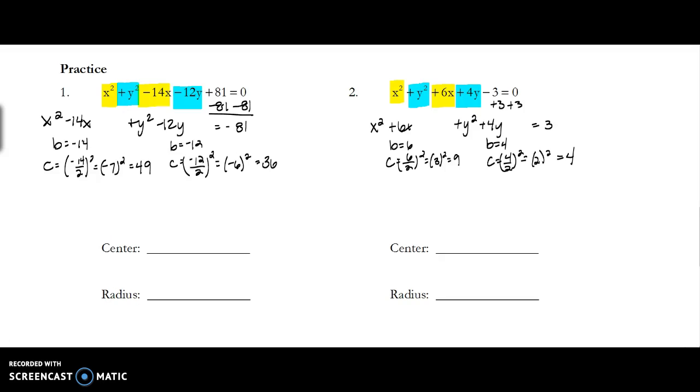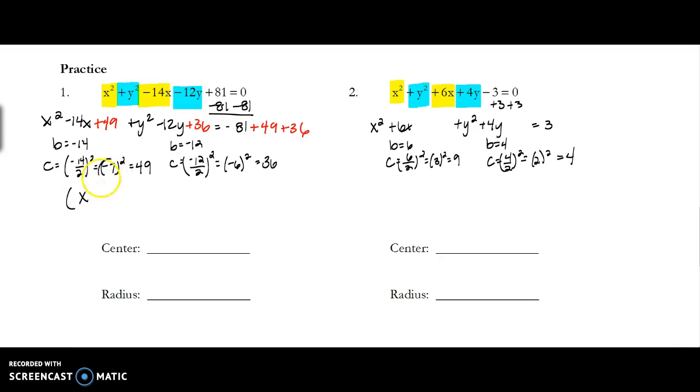So this is what you should have for the basic work of this problem. So what we found is that when you separated the x's and the y's in number 1, we have a c term of 49 for our x's. So we got to add it to both sides. And then we found out that we had a c term of 36 for our y's. So we have to then write our answers in perfect square binomials.